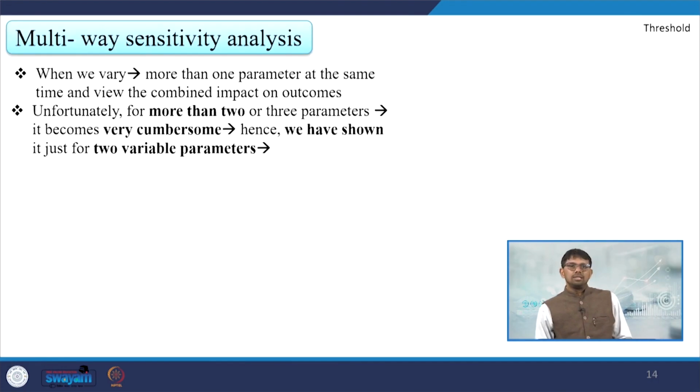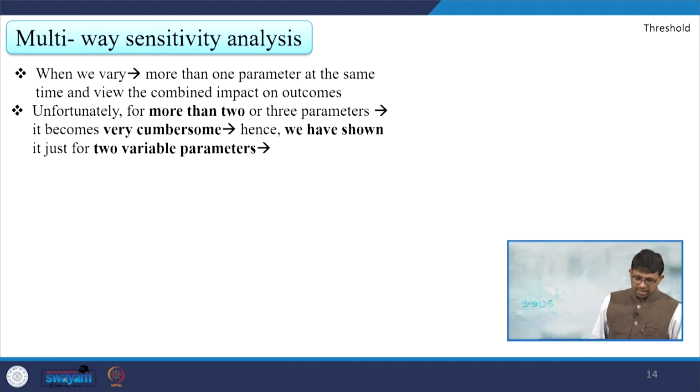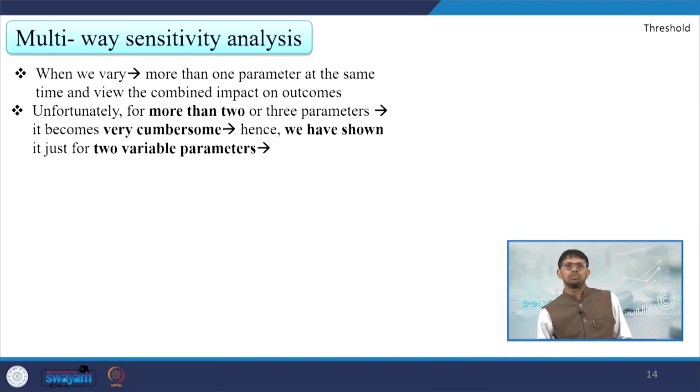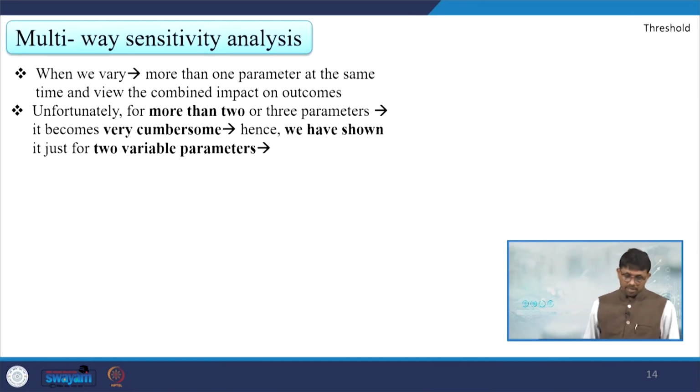Coming to the multi-way sensitivity analysis. Here we vary more than one parameter at the same time. So far we have only taken one parameter, so our case was presented in two-dimensional space. But if it is more than one, it is relatively complex. Unfortunately, for more than 2 or 3 parameters, it becomes very cumbersome.